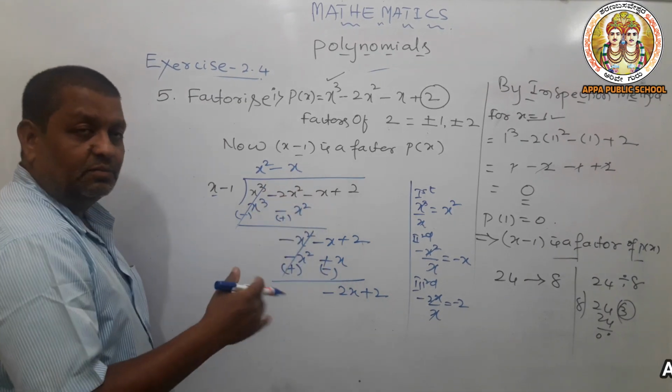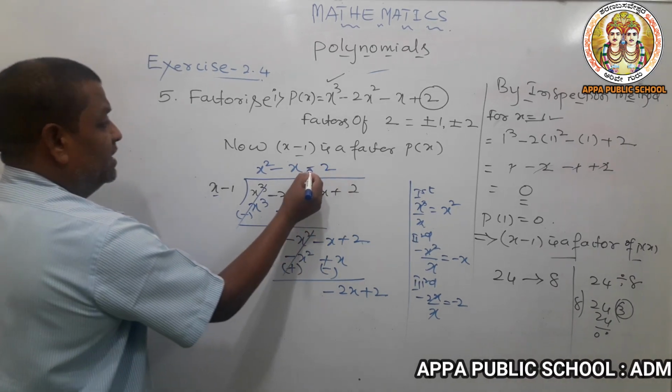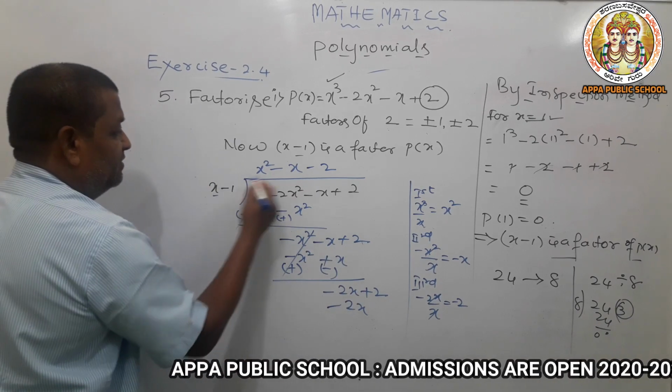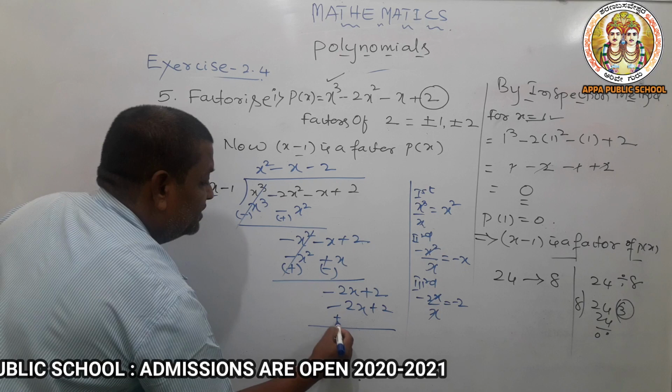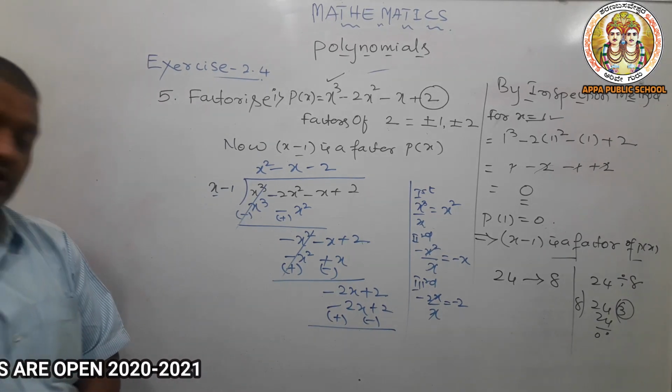Now, what is the next multiple of this divisor? Minus 2. See, minus into plus, minus 2x, minus into minus, plus 2. Change the sign. So finally we got remainder 0.